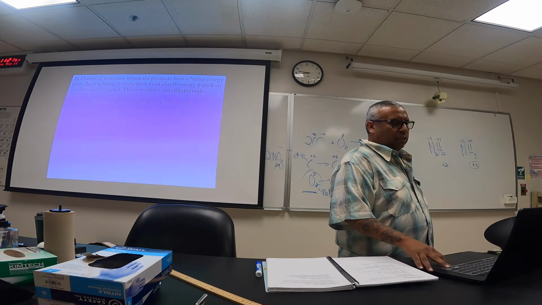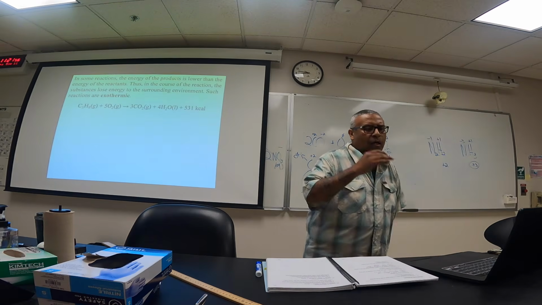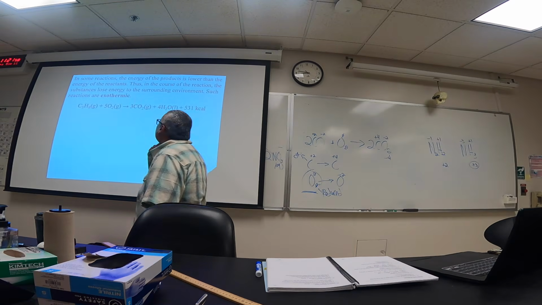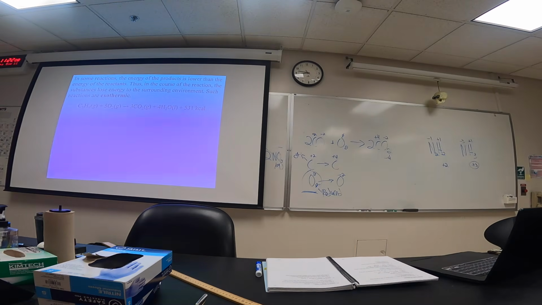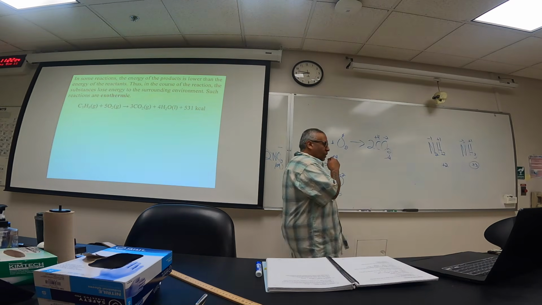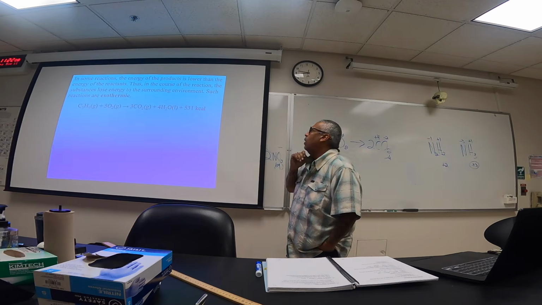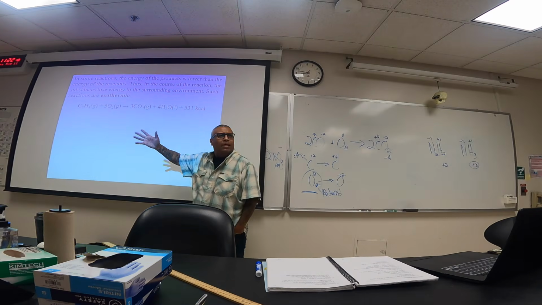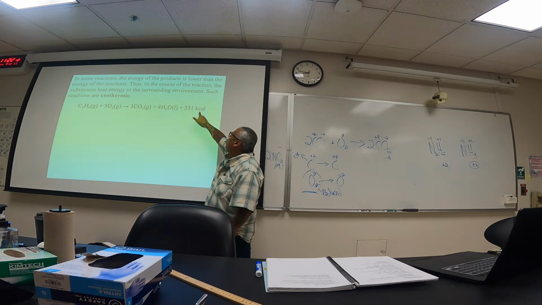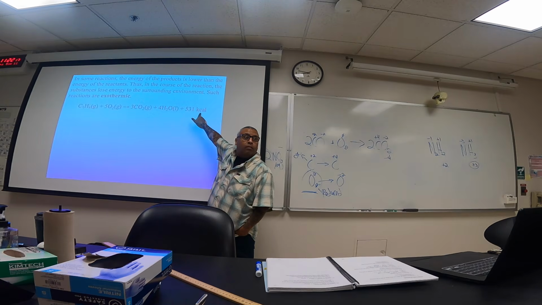And more reactions, endothermic, exothermic reactions. Exothermic reactions are some kind of release of energy, release of heat. Okay? And energy here is heat. We learned that kcals was a unit of heat in Unit 1.